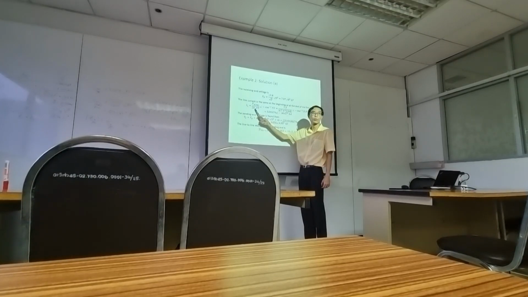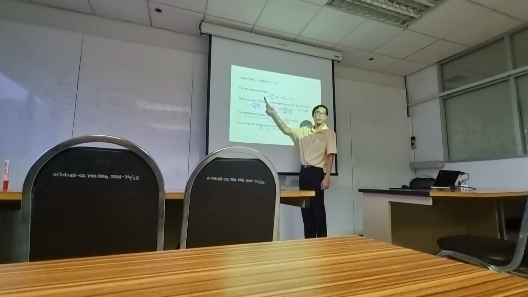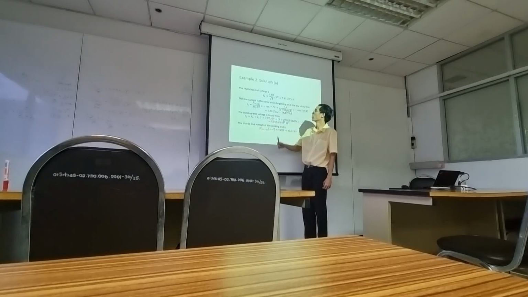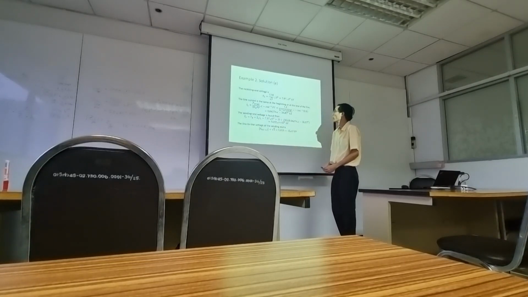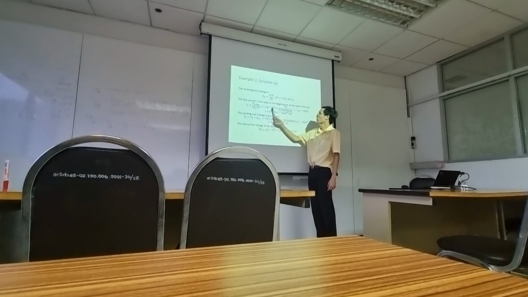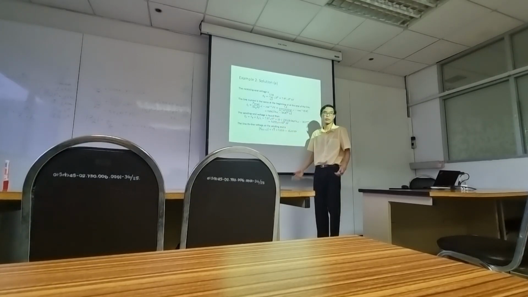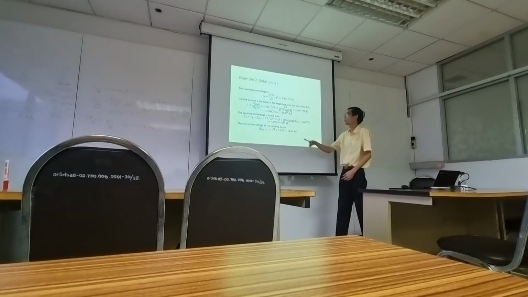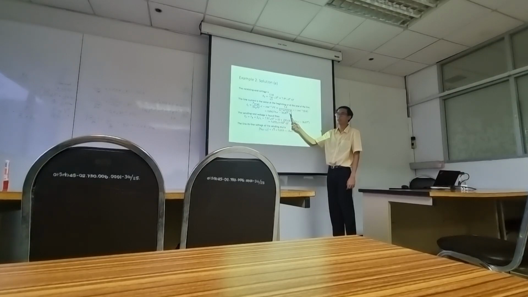This is line to neutral, so this should be 3. This is three-phase divided by 3. The angle is arccos of the power factor, and this is a minus sign because of the lagging power factor. So you get the current like this.